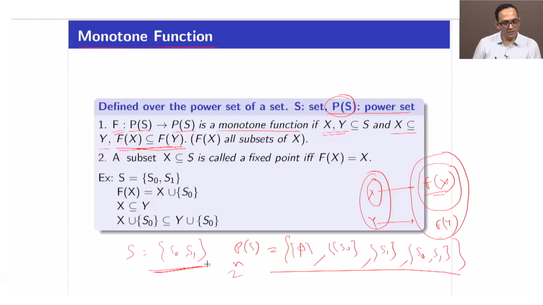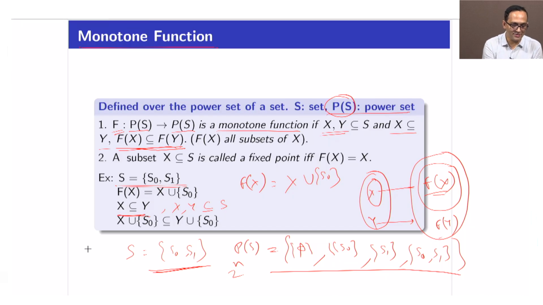So this is what is called a monotone function. Effectively it keeps the incremental nature for the mapping also. Now let us give an example of a monotone function. I take the set S equal to {S0, S1}, and I define the function f(x) as x union S0. Now I take two subsets x and y of S, where x is a subset of y.